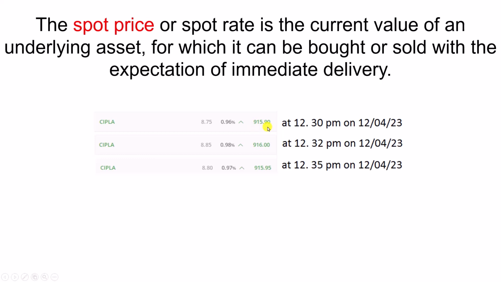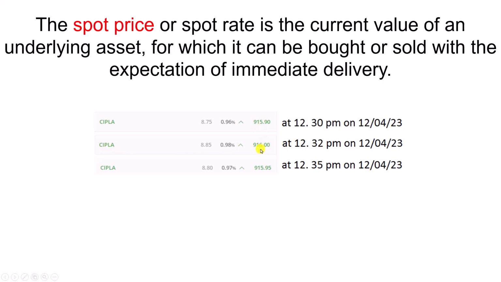And you know that the price of a stock keeps on fluctuating. It goes up, it goes down. Correct? So soon after this, at 12:32 p.m. on the very same day, the price of Cipla stock was this much. You can see that it has increased from 915.90 to 916 rupees.